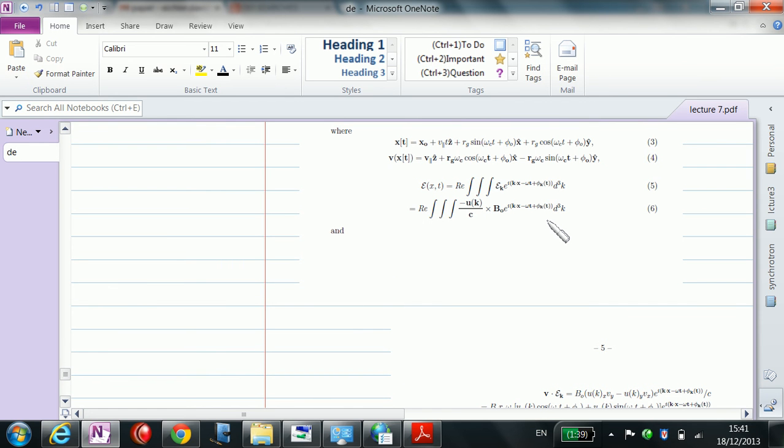Now, this describes an interaction of a particle with an MHD wave. In MHD, the electric field is equal to minus U cross B over C. That's what the electric field is.